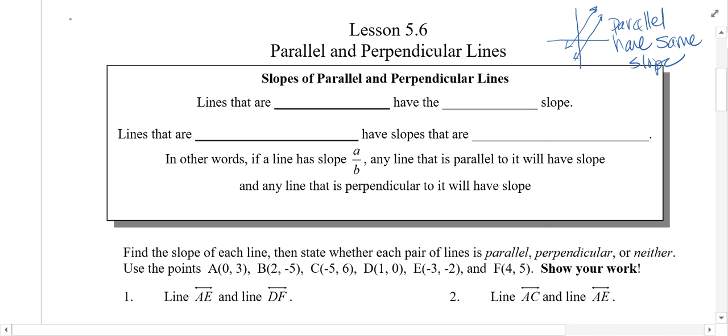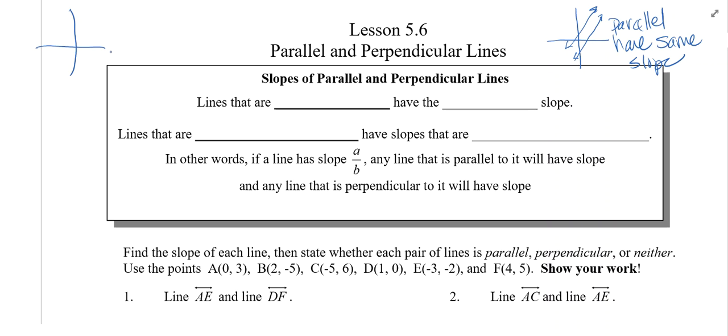And then if I want to draw perpendicular lines, sorry, it's not very straight, but perpendicular lines are going to be different than parallel. So if I have some line on here, what's going to happen with a perpendicular line? Will it cross it or will it never cross it? Yeah, it will cross it.